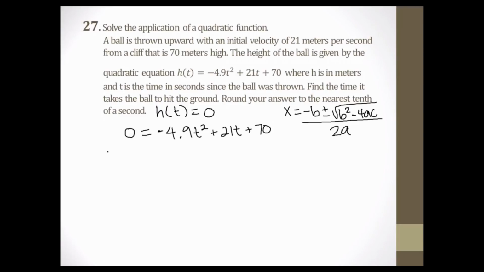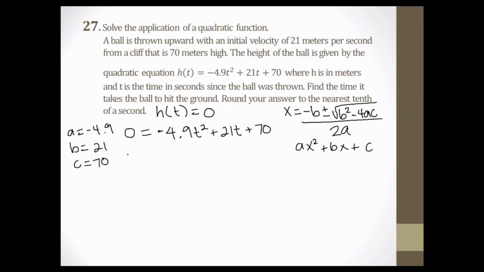So let's identify the coefficients. So a equals negative 4.9, and remember we're getting it from ax squared plus bx plus c. That's our standard form. So a equals negative 4.9, b equals 21, and c equals 70. So in this problem, the 21 and the 70, that's information that was used to create your equation, but you're not having to use it other than the way it's already in the equation.